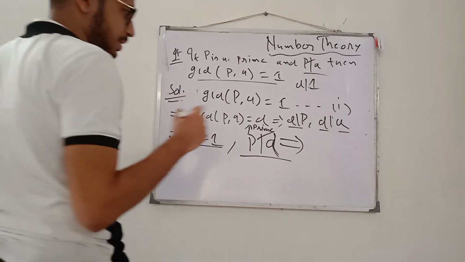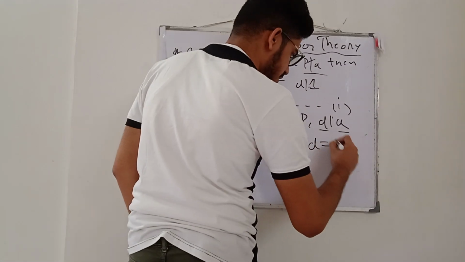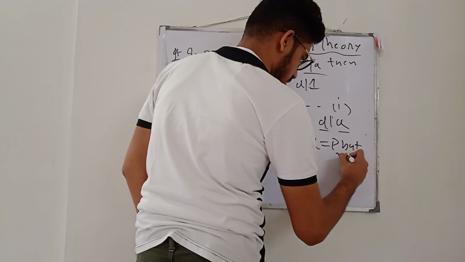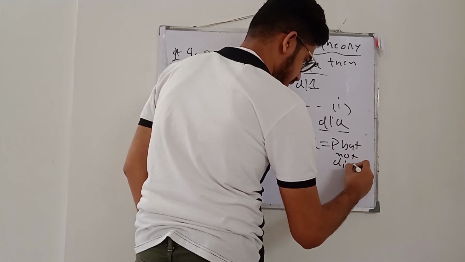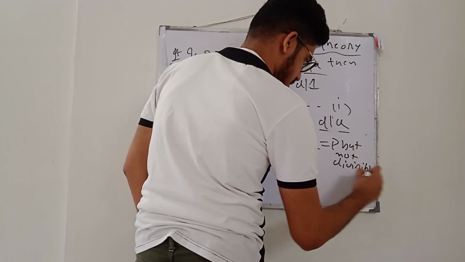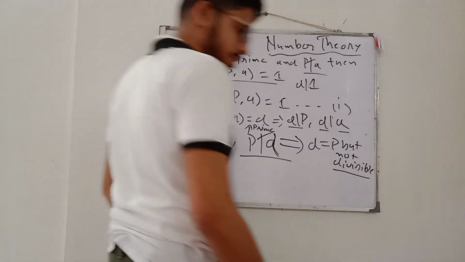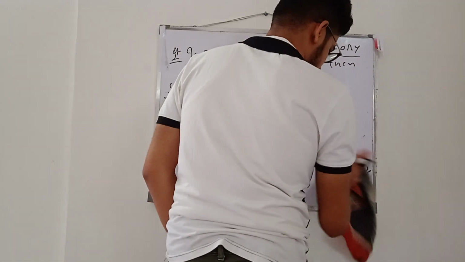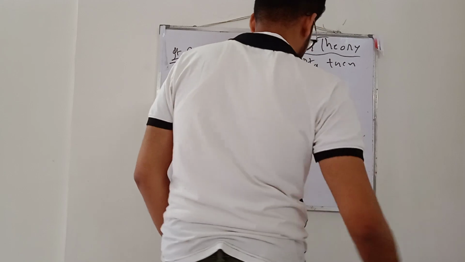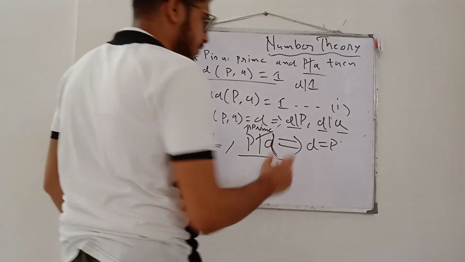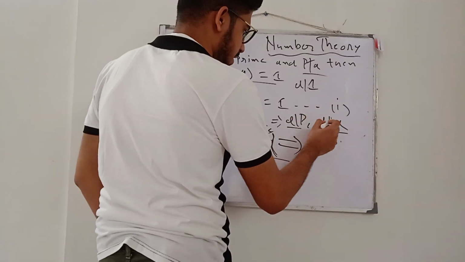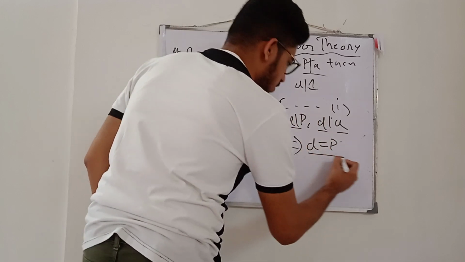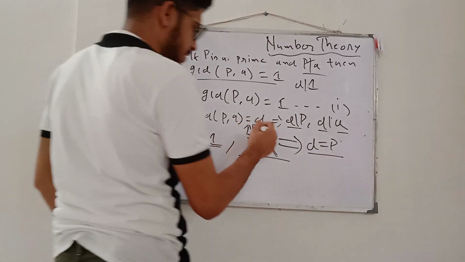That's why its answer will be that D is equal to P but not divisible. Oh no, sorry, D is actually equal to P. From here we have been given that D divides A, D divides P. This is how D is equal to P, but it is not divisible.